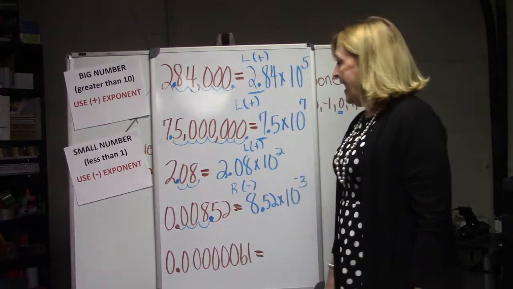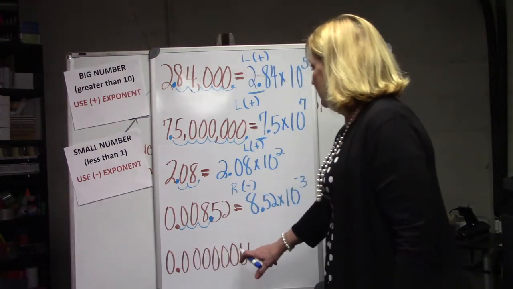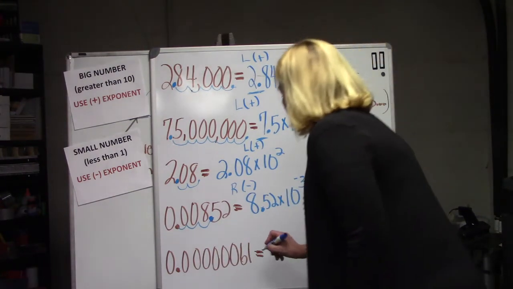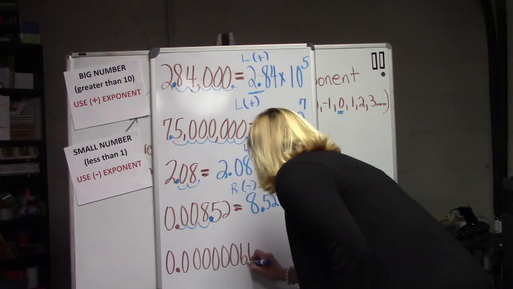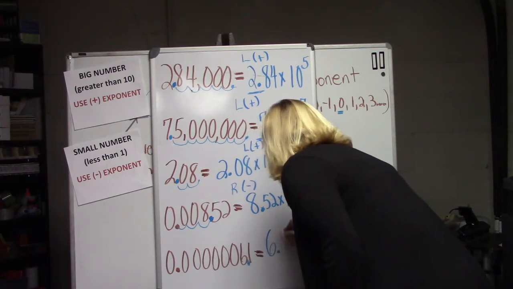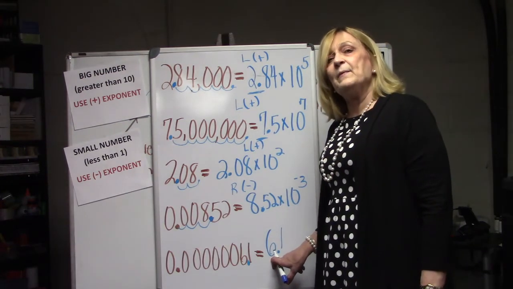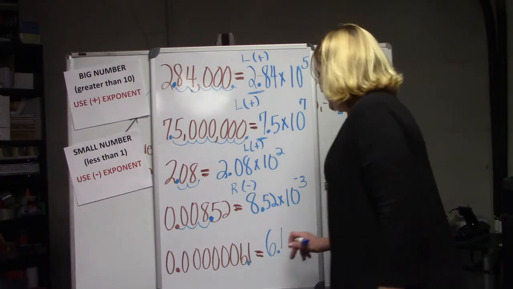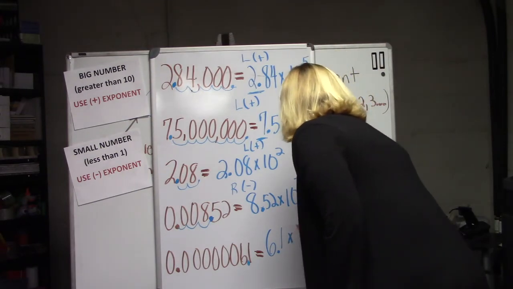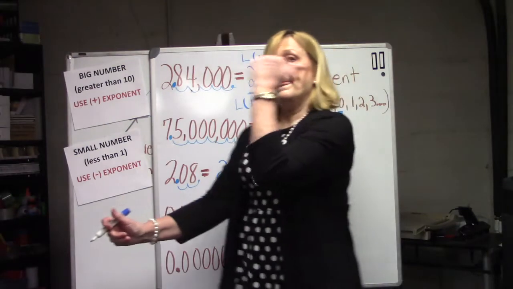All right, here I have 0.0000000.61. I need my decimal point to end up right here because that's going to give me 6.1. This number right here has to be between 1 and 9. It is. That's my 6 times 10. Now, I'm moving this direction.